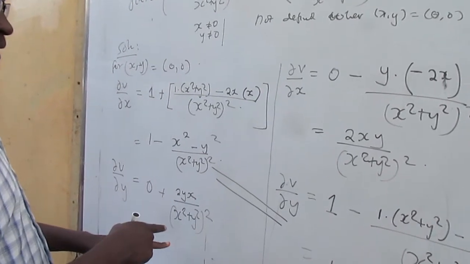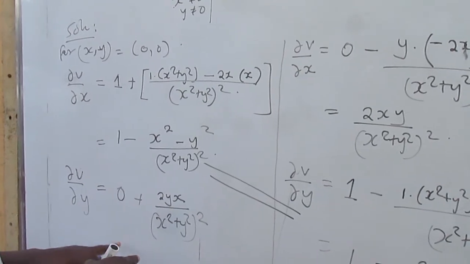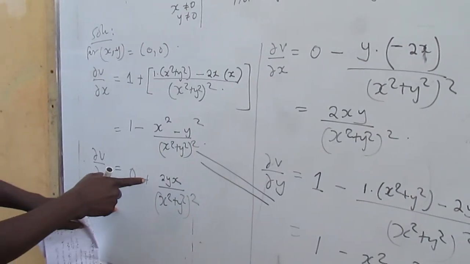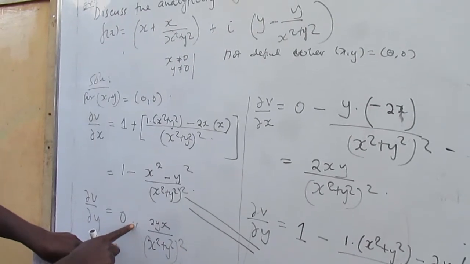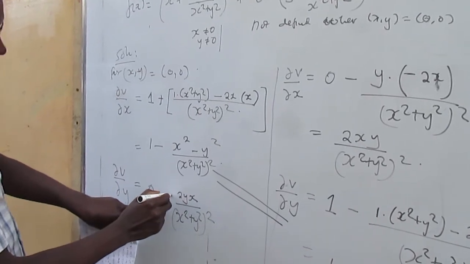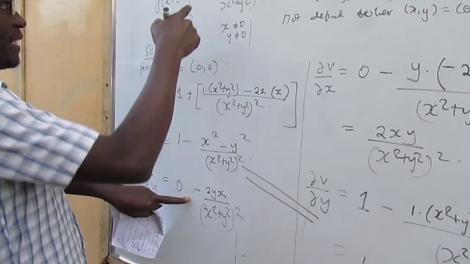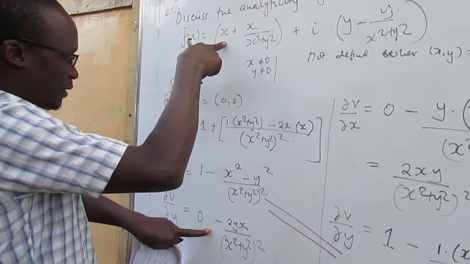And then again we require the other equation. Pardon me, so now here this was meant to be a negative, and that is because when we differentiate this part with respect to y, we get 0.